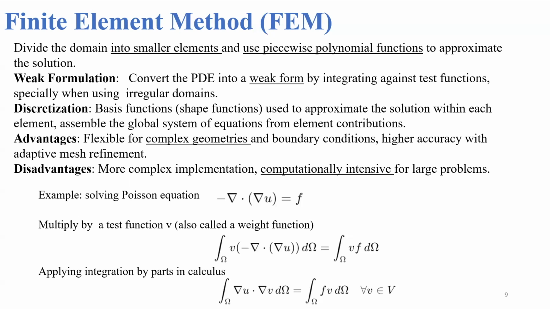So here's an example of solving a Poisson equation, where we multiply the Poisson equation by a test function v, and then, if you remember integration by parts from calculus, we can break down the second equation into the third, assuming the test function derivative is small.